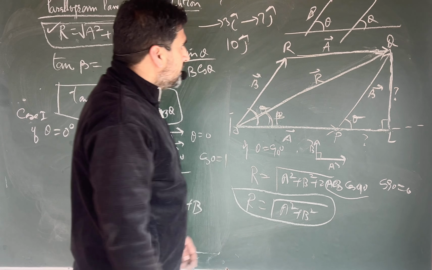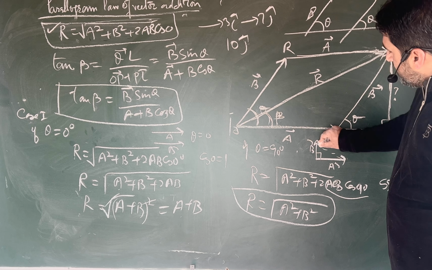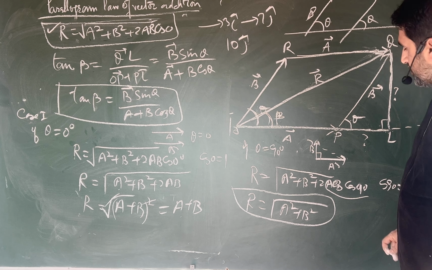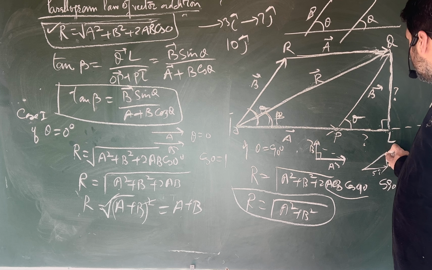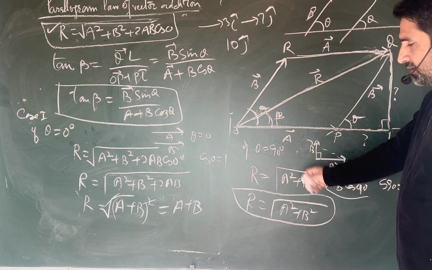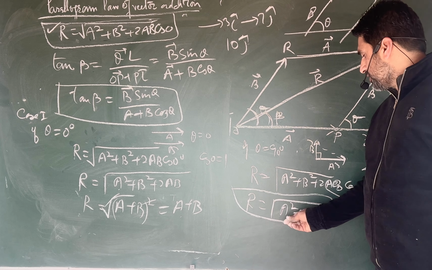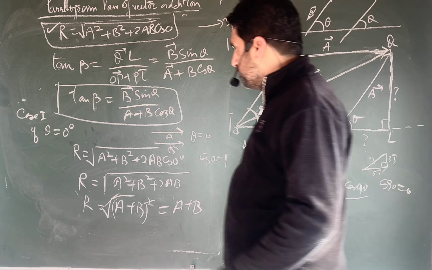So simply, when two vectors are perpendicular to each other, just use the Pythagoras theorem. If you have one vector, say 5i, another 3j, and the angle is 90 degree, just add them using the Pythagoras theorem.